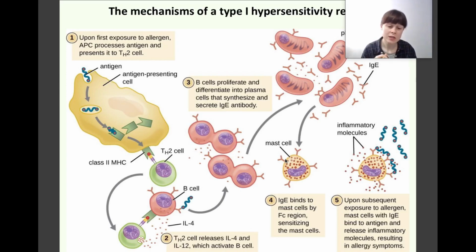In the effector phase, when the same allergen antigen is introduced, this is the shocking dose, the allergen is introduced subsequently to our body.